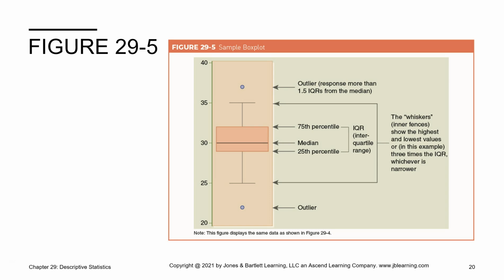Here you can see the median based on the data from the previous example is right here. Then you have the 25th percentile here, 75th percentile here. You have a couple outliers up here, and it shows that most of the observations lie within this range.